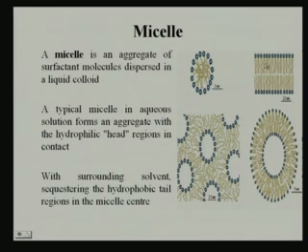And when it is present in the bilayer formation, here is the polar head and non-polar tails, and when the two bilayers are there, see here the polar head and non-polar tails. Here also, you see the outer layer, the polar head and non-polar tails are there, and when it forms this type of moieties, it is called the liposome.